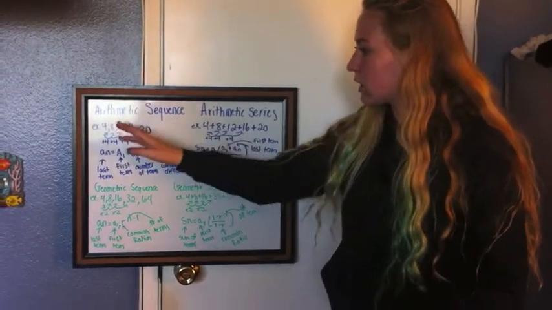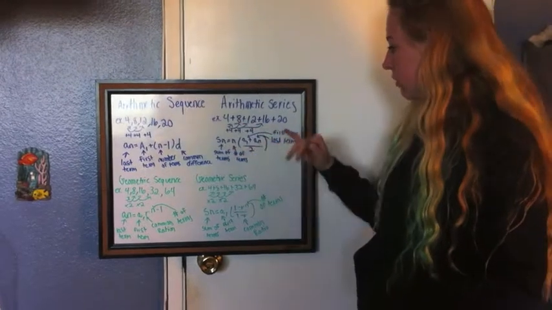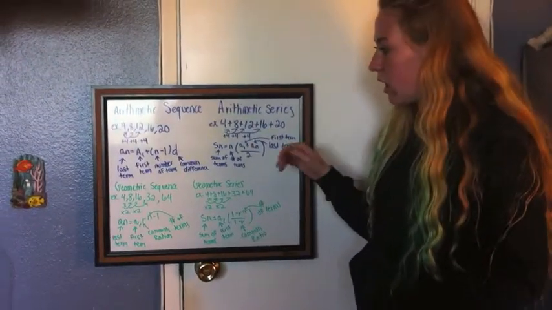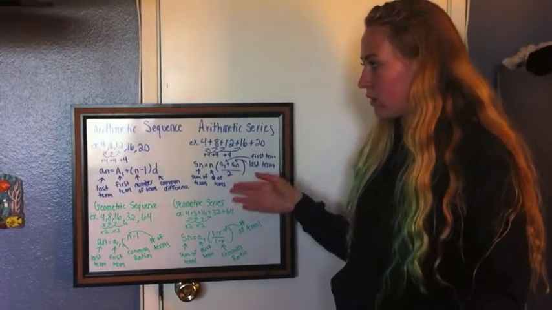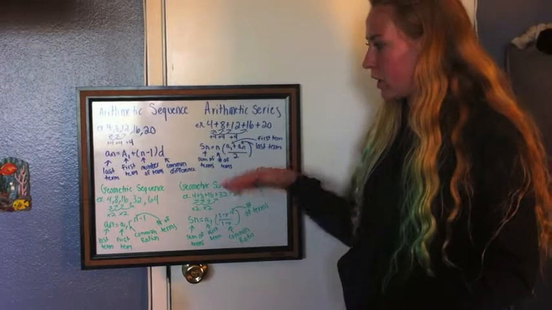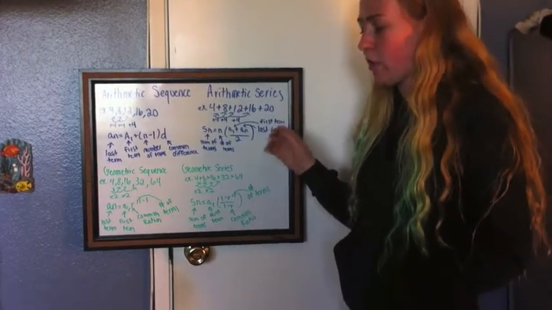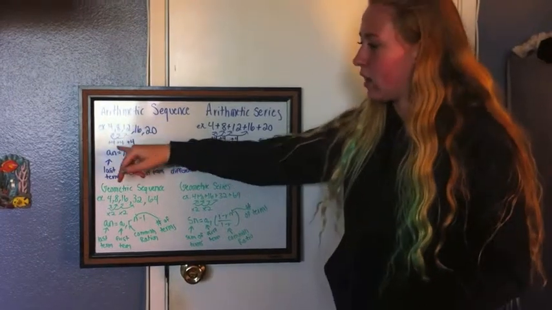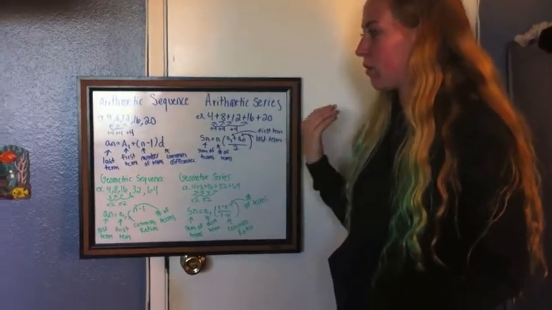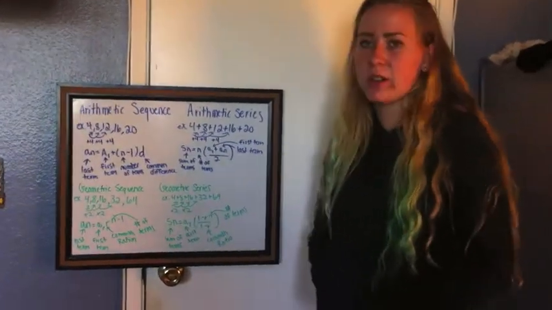A sequence is separated by commas, and a series has addition signs. And how you would know if it's neither arithmetic nor geometric is if there's no common ratio or no common difference. So say this was a 9 and this was a 10. It would not be +4 every time, so it would be neither arithmetic nor geometric.